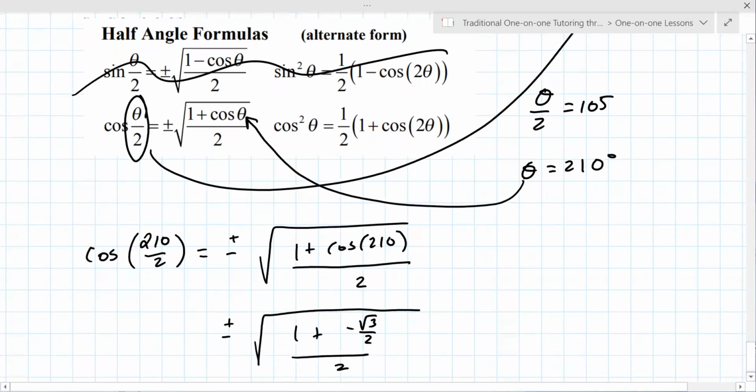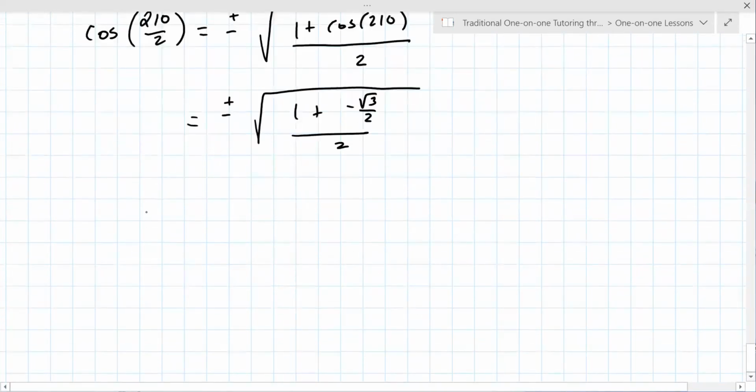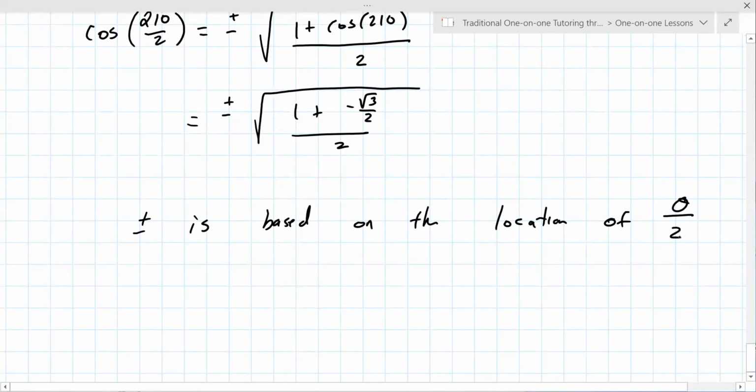And now there's this business of, well, what do you mean by plus or minus? So the plus or minus is based on the location of theta divided by 2. So 105 degrees, where is it? Well, it's over here in the second quadrant.